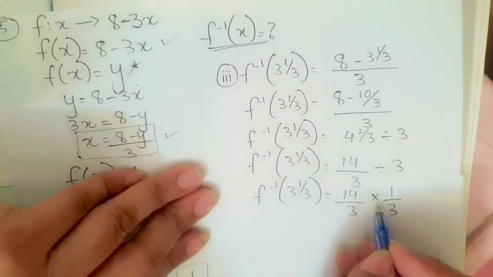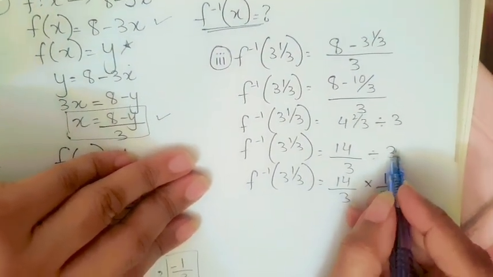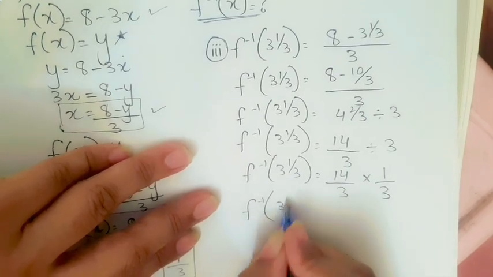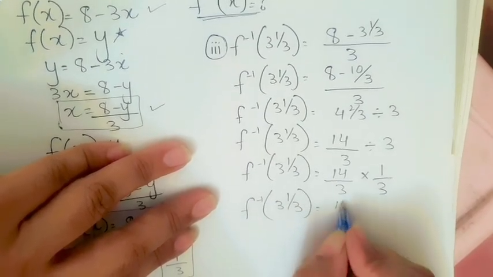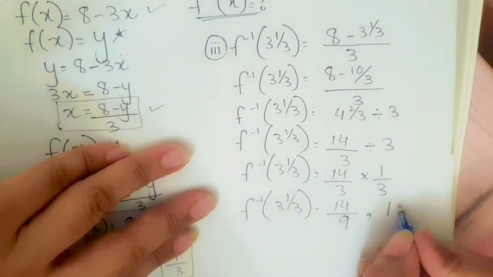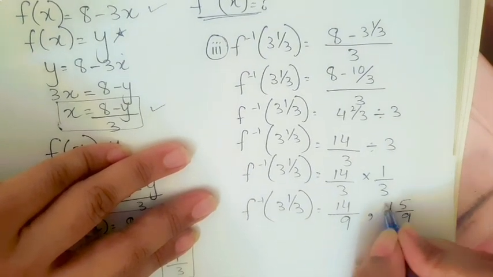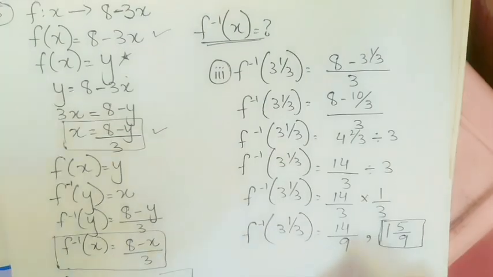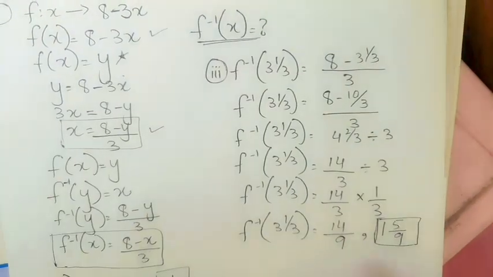In place of divide I am going to write multiply, so 3 becomes its reciprocal, 1 upon 3. So the answer is 14 upon 9, or we can say 1 whole 5 upon 9. You can divide and use the rule to change an improper fraction into a mixed number.